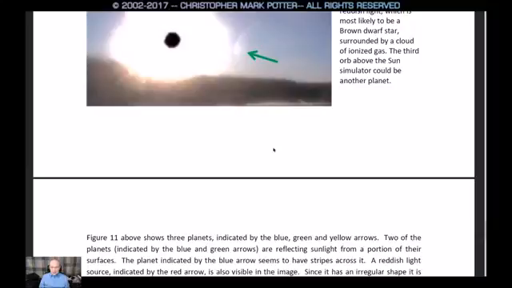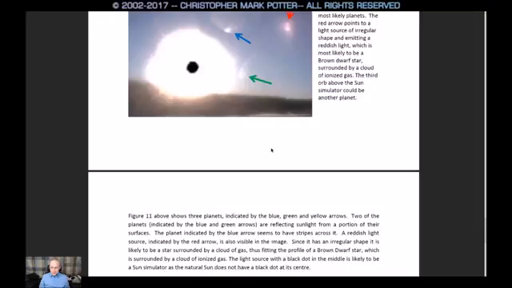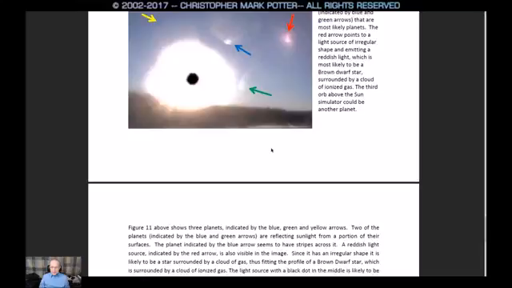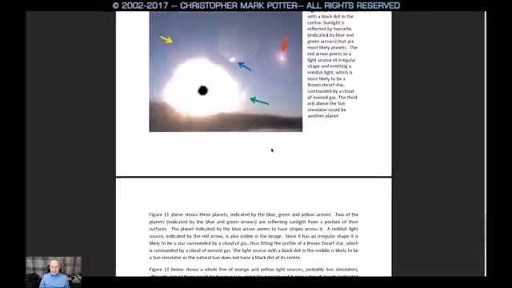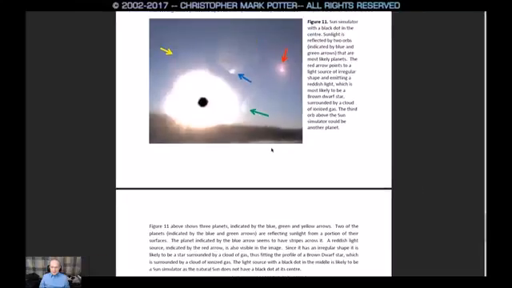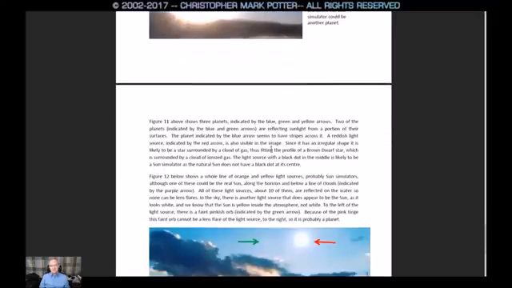Since it has an irregular shape, it is likely to be a star surrounded by a cloud of gas, thus fitting the profile of a brown dwarf star, which is surrounded by a cloud of ionized gas. The light source with the black dot in the middle is likely to be a sun simulator, as the natural sun does not have a black dot at its center.